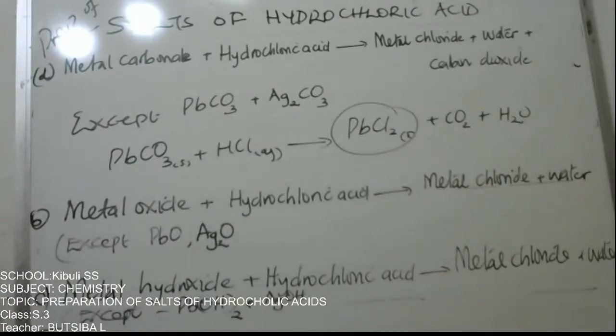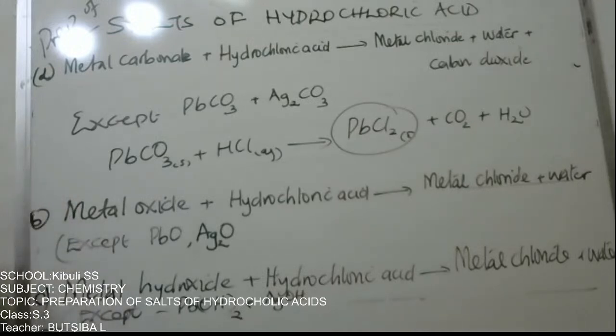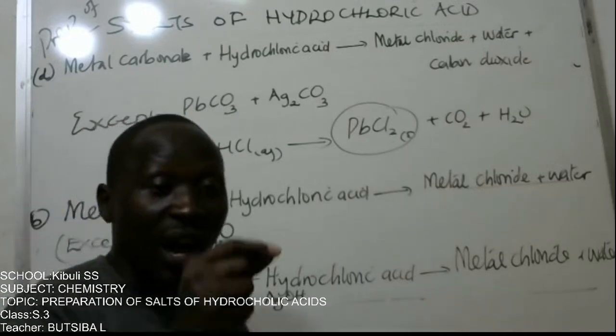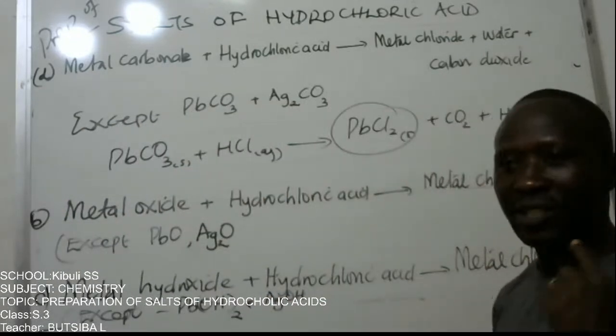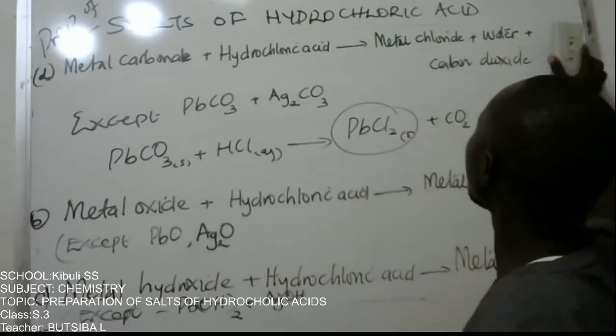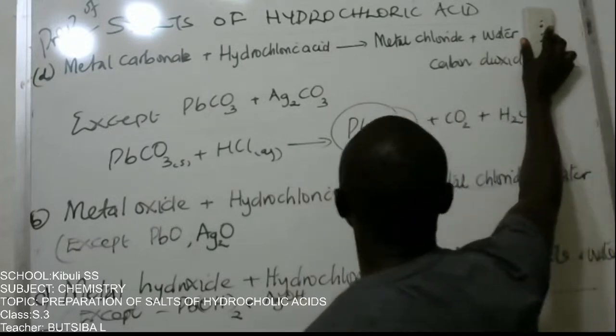Allow me at this moment, my dear students, to erase the whiteboard. Then we write down a simple scheme that's used to prepare these salts. It is not in the notes that were sent on the web. Here we are outside the notes that were given. I expect that each one at least writes down this scheme, and when we come together face to face, I'll ask you to produce that scheme.